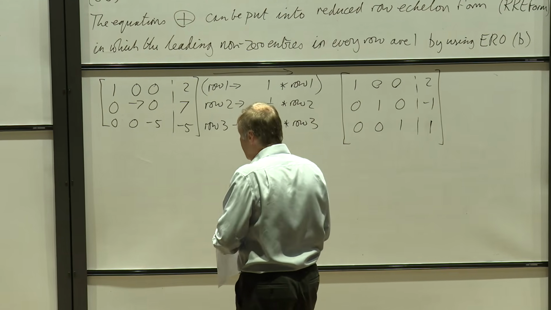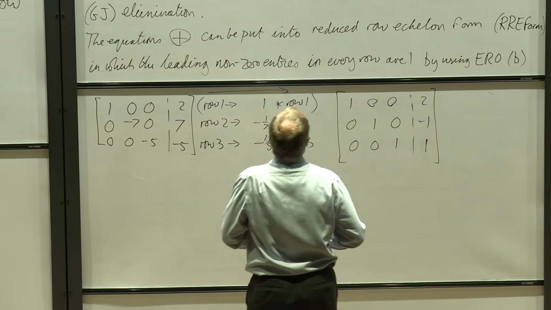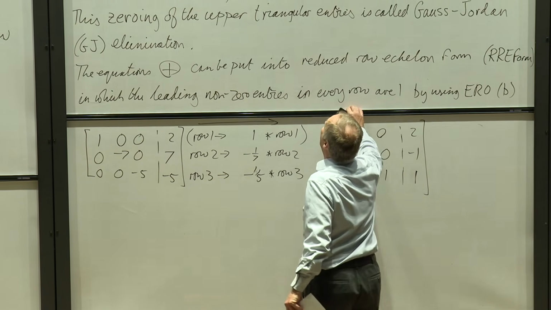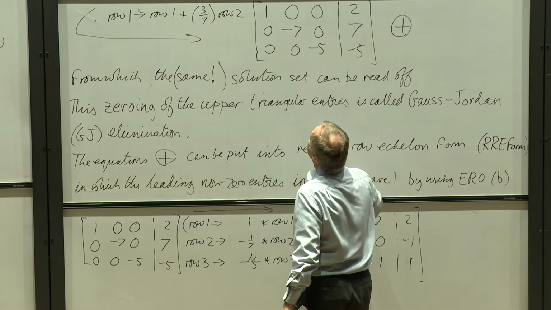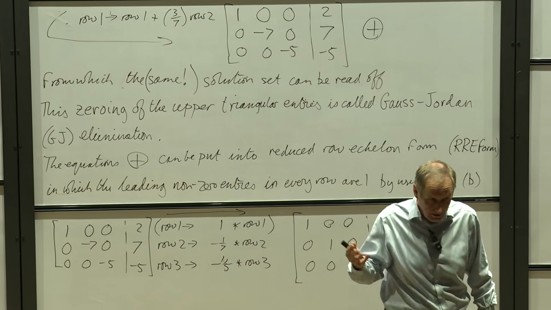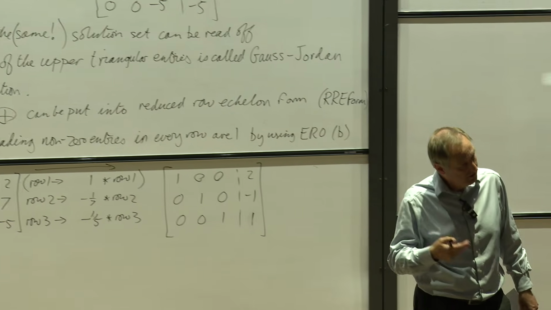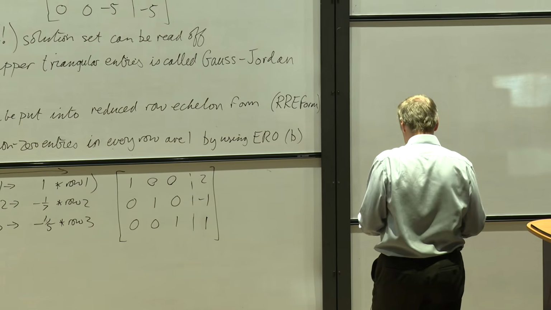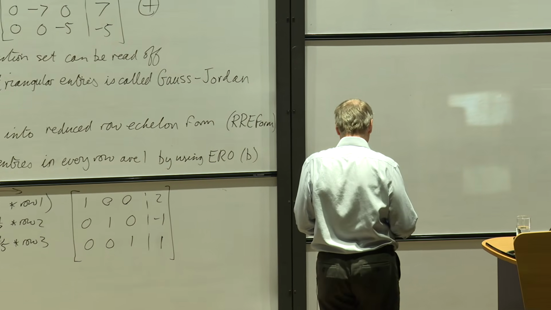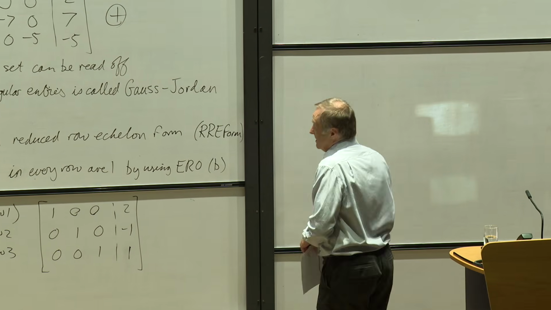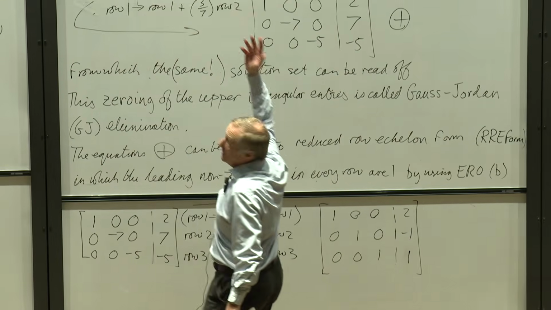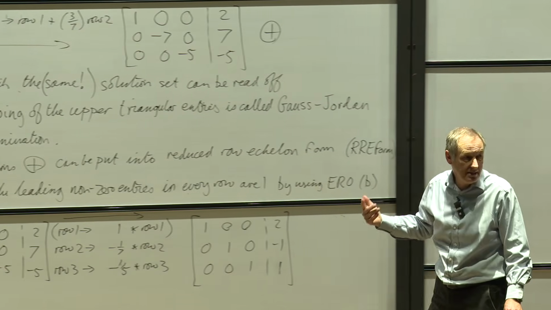Okay, so sometimes this so-called triangular form, what I've called upper triangular, sometimes that's called row echelon form. And this is reduced row echelon form. But you'll see these different words at different places and at different times. So this is all we needed to do, Gauss elimination, to find the solution in this case.